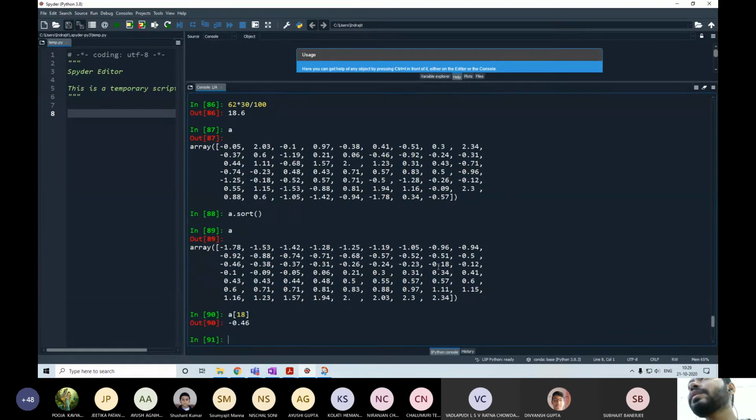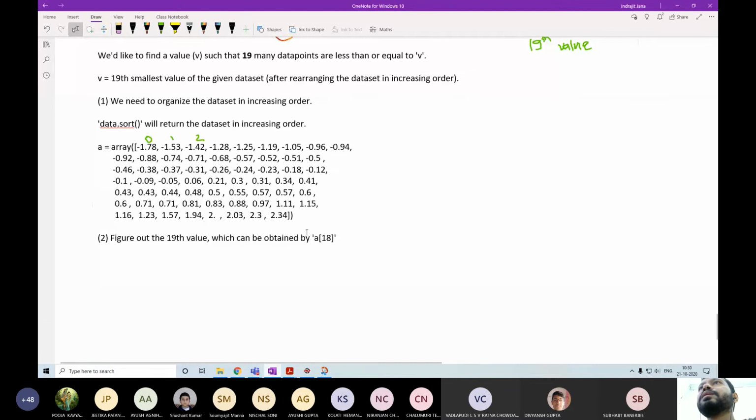this is negative 0.46. Which one is the 0.46? Okay, here it is. That is the 19th value, and this is the 30th percentile. Let's check: 1, 2, 3, 4, 5, 6, 7, 8, 9, 10... yes, 9 and 18th, and this is the 19th value, which is negative 0.46.